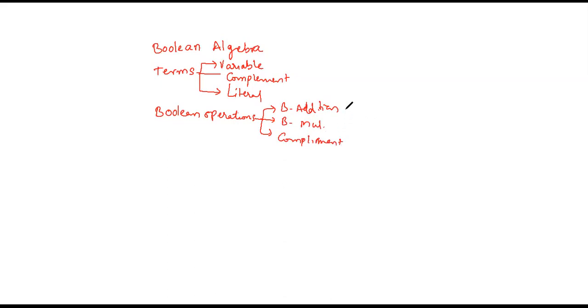Okay, this one is called the OR operation, logical. This one is called AND. This one is called the NOT operation. Next, we have discussed the sum term and product term.